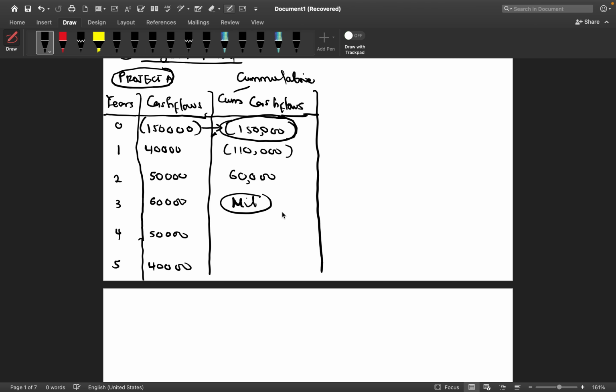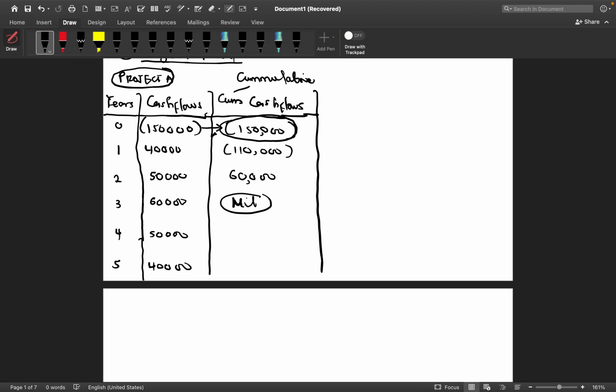Now, since we are finding the payback period, the year in which we had the nil is the same year we will be able to pay back our loan or complete our project, because it's saying time taken to recover an investment. So you check in which year we got this nil. 0, 1, 2.